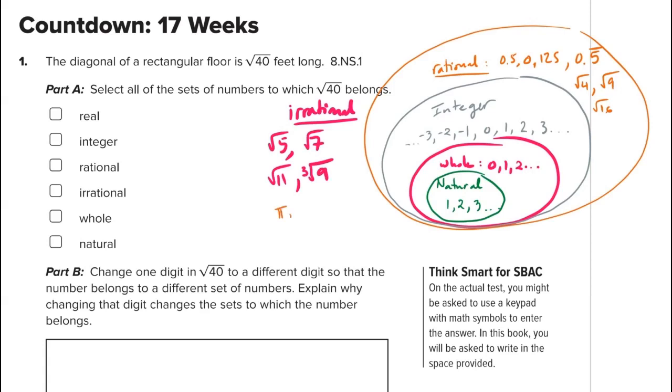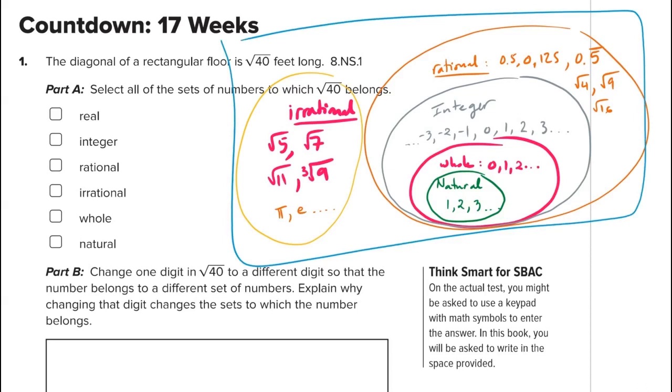For example, it can be pi, it can be e. That is the two common ones that we're going to see. So those are irrational numbers.